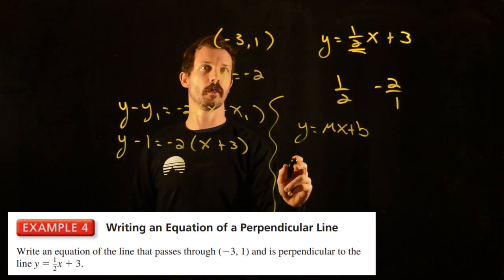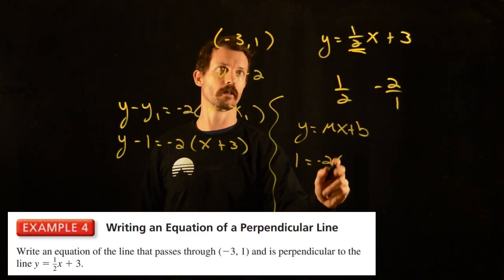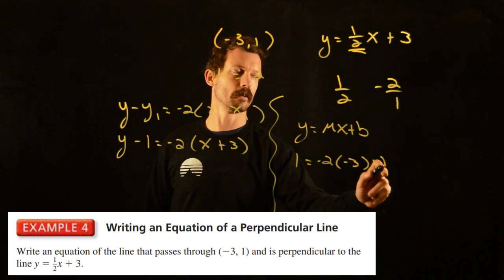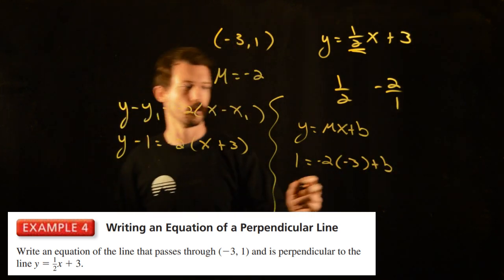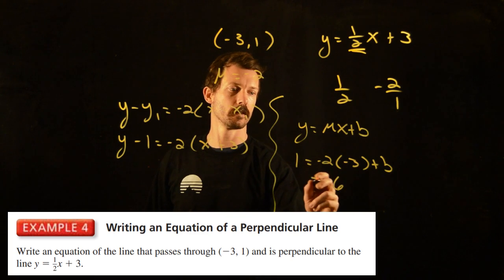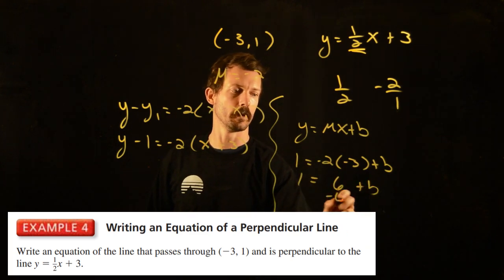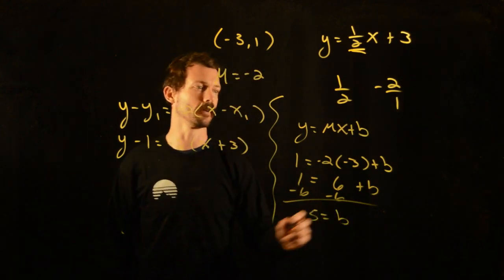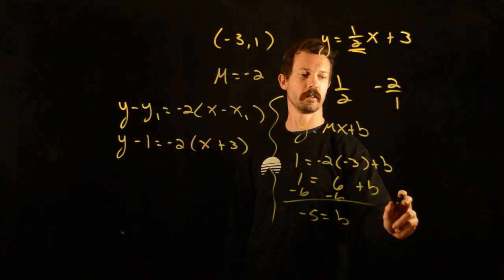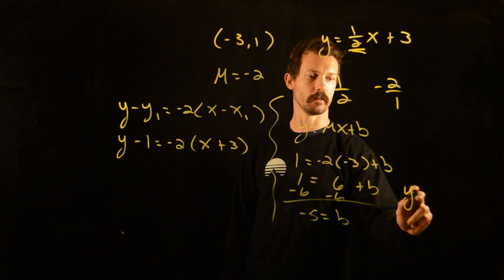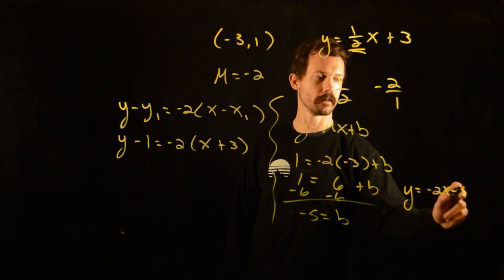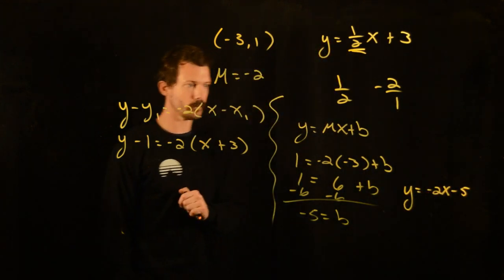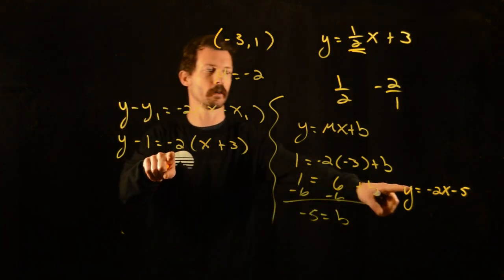Well, we know the y value, I know the slope, and I know the x value. So I could take this, or I am going to take it, and you're going to go 6, subtract, you get negative 5. So b equals negative 5. So technically, the way you would write this is y is equal to negative 2x minus 5. So either one would be okay.